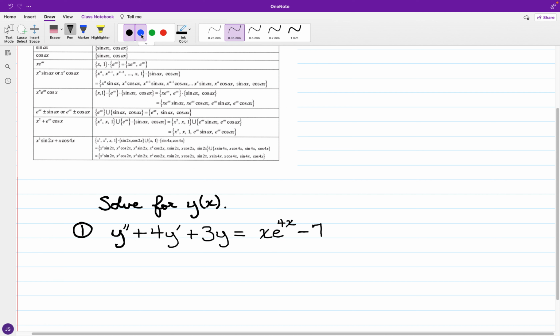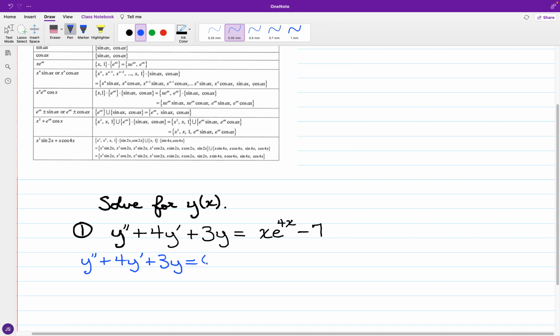And again, if we're looking at solving for y of x, once again we're looking at both the particular and complementary solutions. And just starting out again, if you're looking for the complementary solution, this would be if you were setting what we have on the left hand side of the equation equal to 0. That is, if you were to make this equation homogeneous.